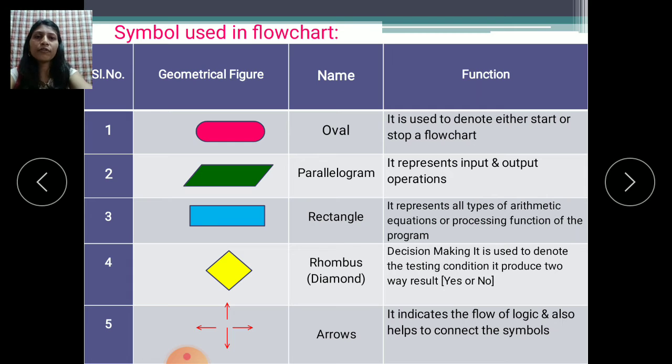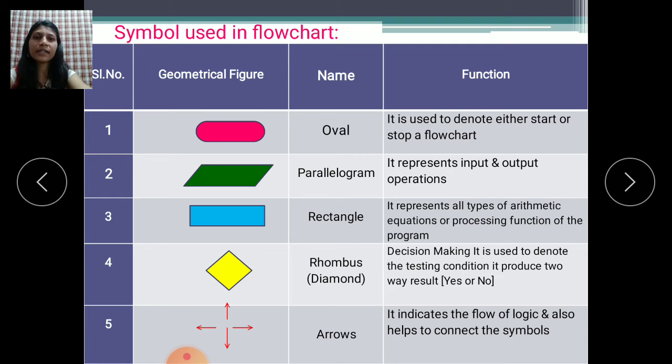If you want to draw the flowchart of that program, write that mathematical formula in a rectangle. You use the rectangle shape to represent the mathematical formula.